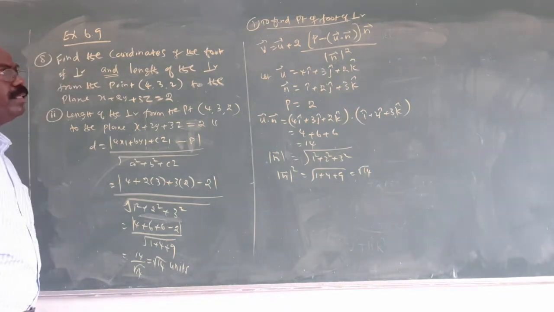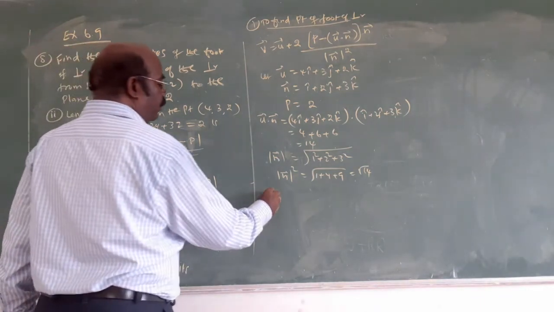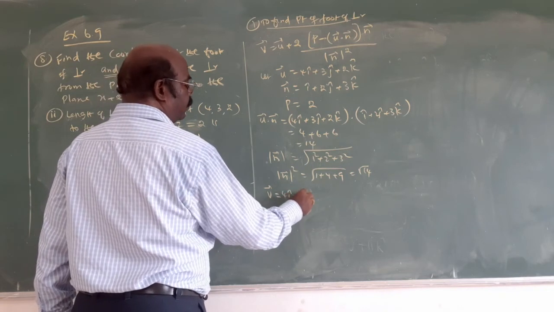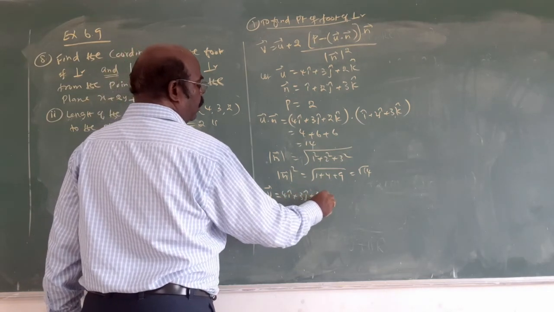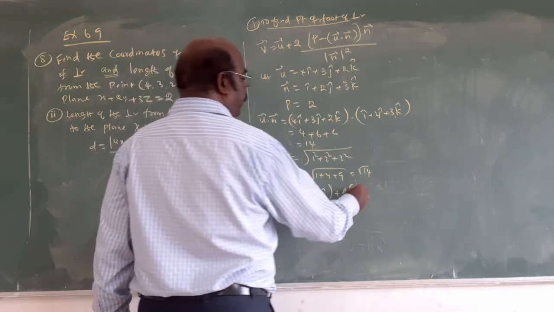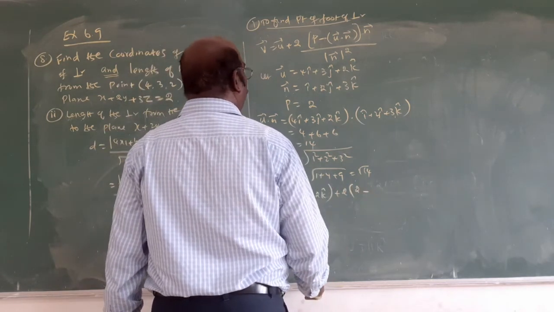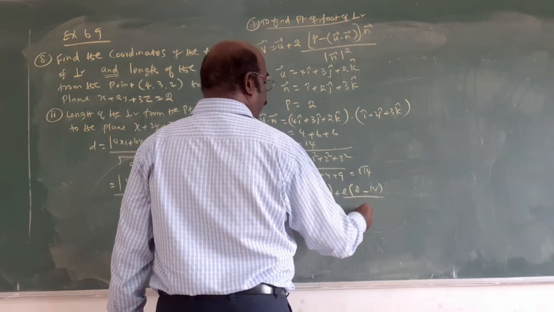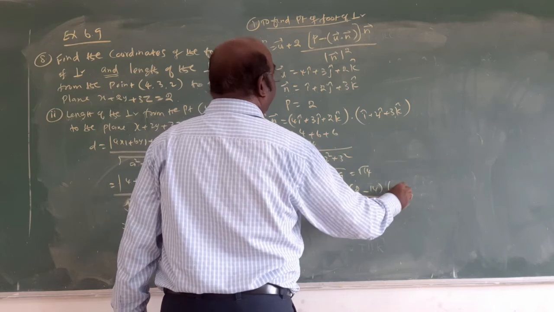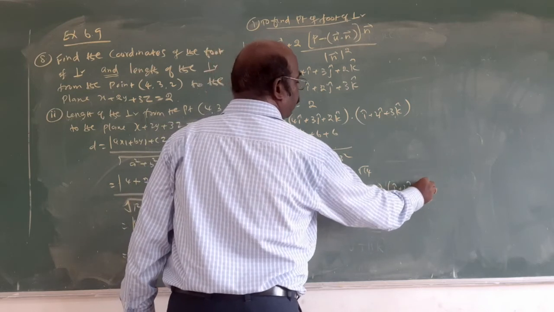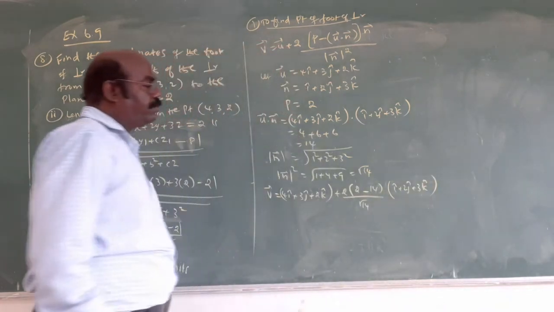Okay? Now substitute that. Therefore D equal to U vector plus 2 into P minus U dot N, divided by 14, into N vector. Am I right?